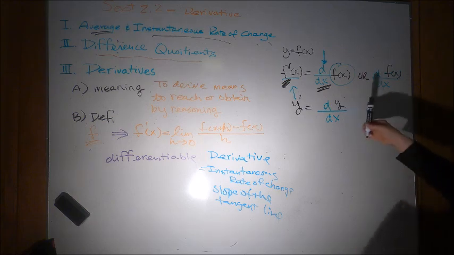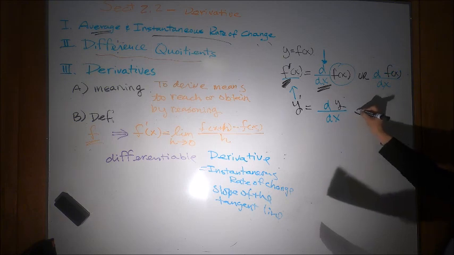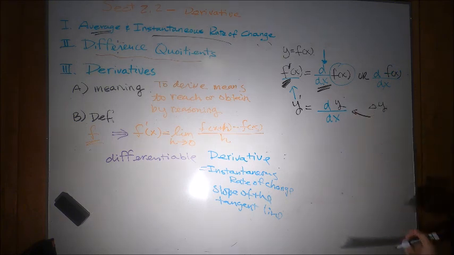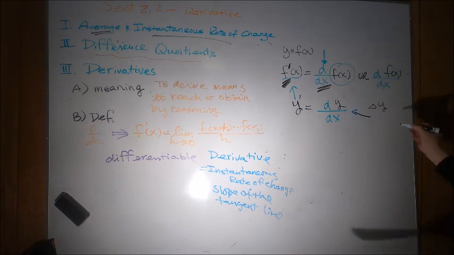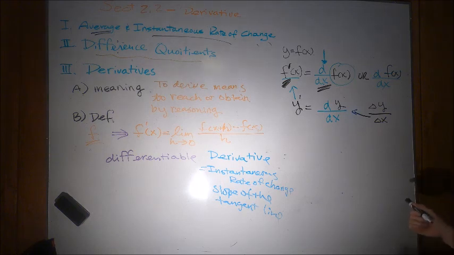So dy over dx, and sometimes we use this symbol, the little triangle, delta, right? That means the difference of y over the difference of x. What is the difference of y over the difference of x? In algebra, we say y2 minus y1 over x2 minus x1.